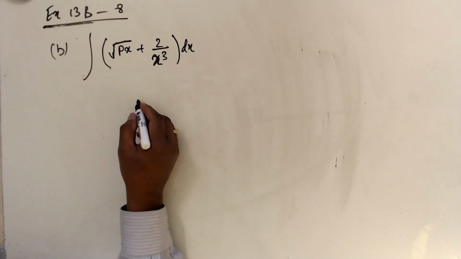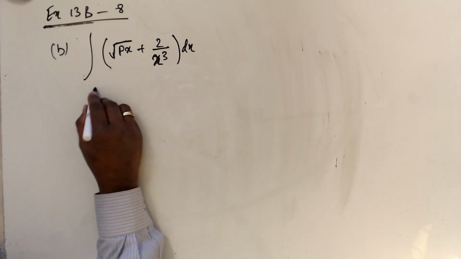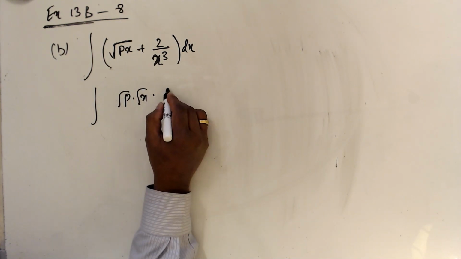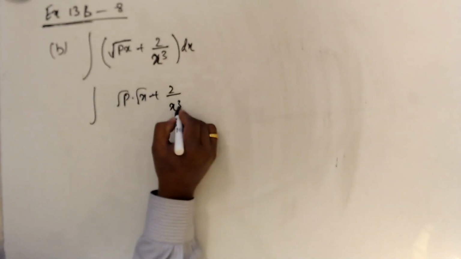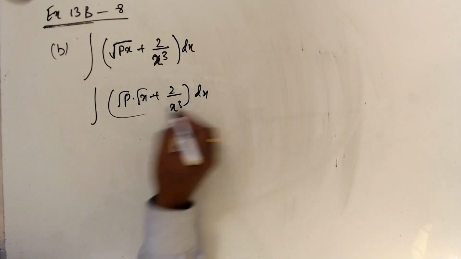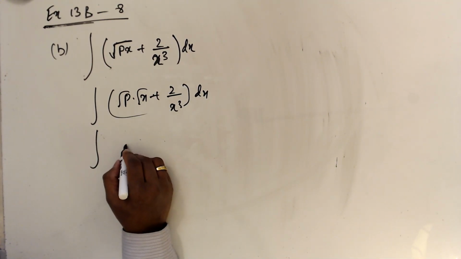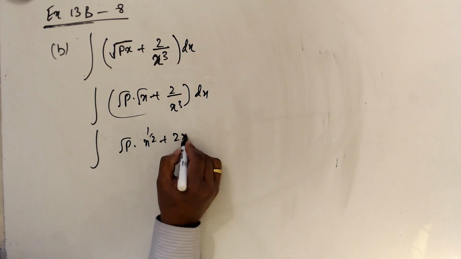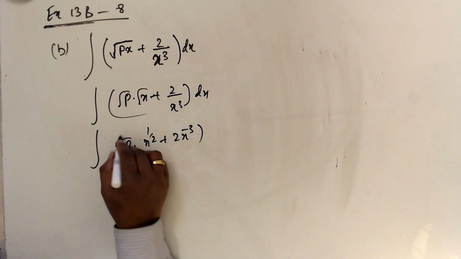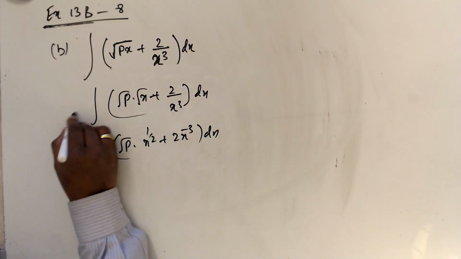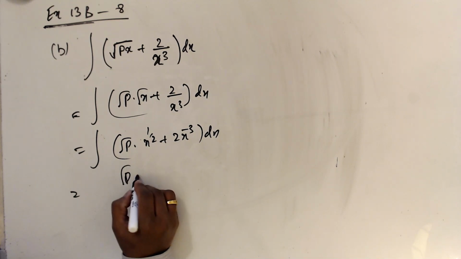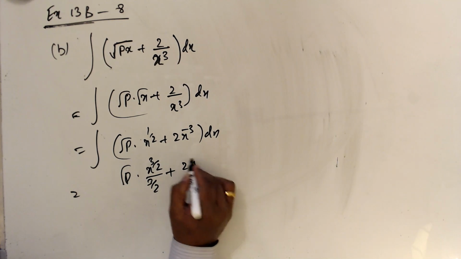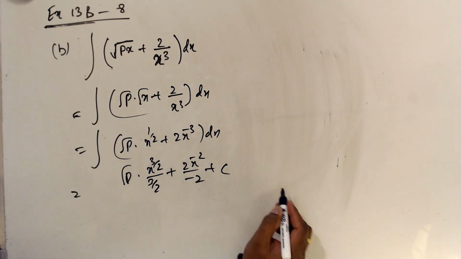And this is square root p times square root x plus 2x cube dx. So this is square root p times x half plus 2x minus 3 dx. So square root p x^(3/2) over 3 over 2, plus 2x minus 2 over minus 2 plus 3.